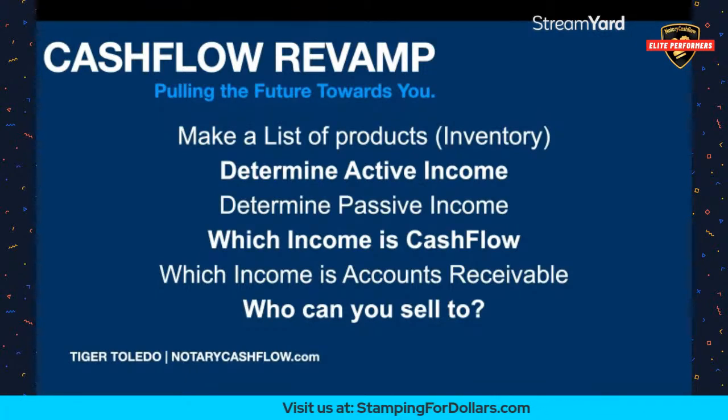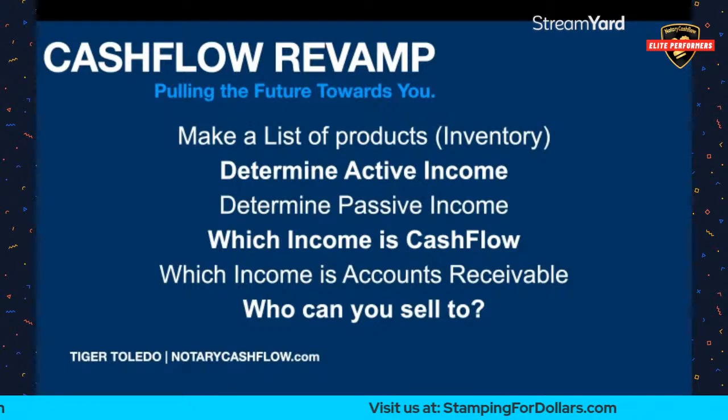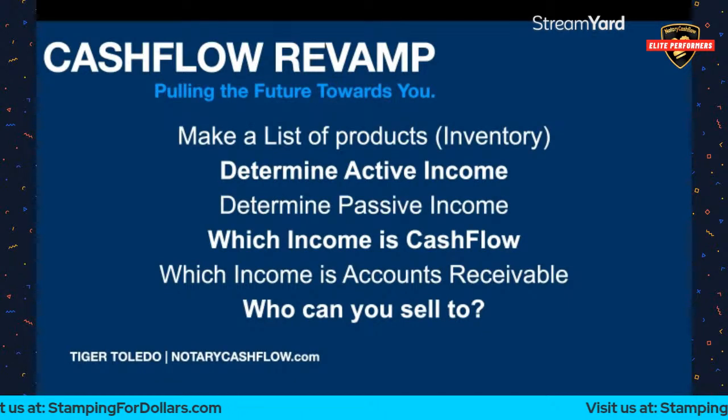Example, in the U.S. Notary Agency, we do a lot of power of attorney, and we work with private clients, private notarizations, meaning once we do fulfill the assignment, we get paid immediately.